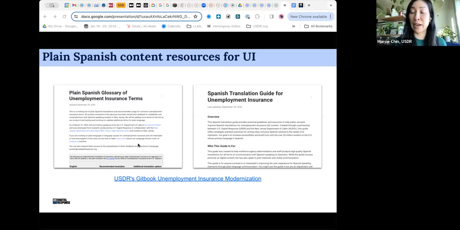So that was the idea we had in creating our first, it's a work in progress. It's a plain Spanish glossary of unemployment insurance terms, accompanied by a Spanish translation guide really focused on unemployment insurance content. And we'll share the link with that in the chat, but you can also find these resources in our unemployment insurance Gitbook page.